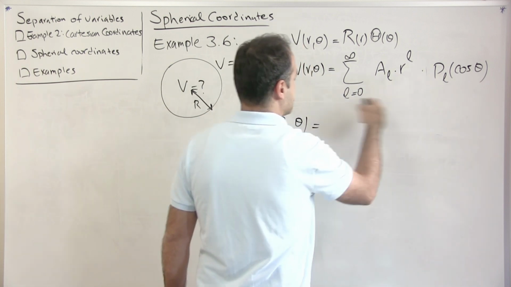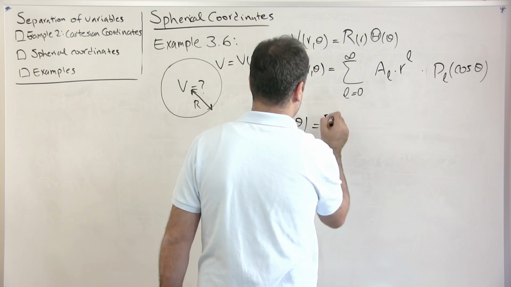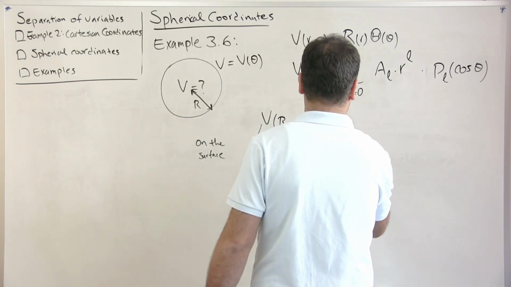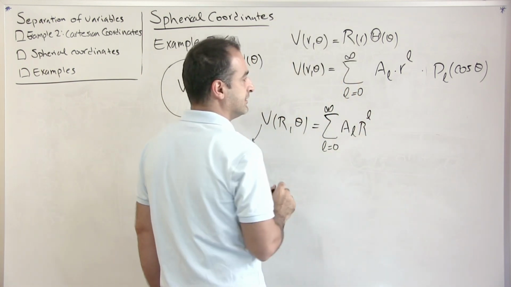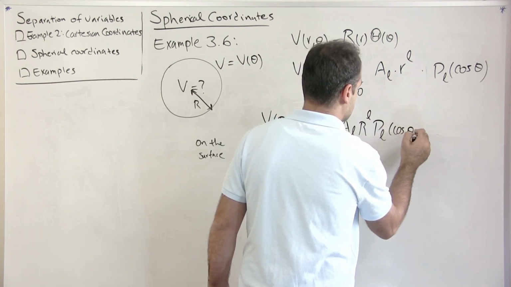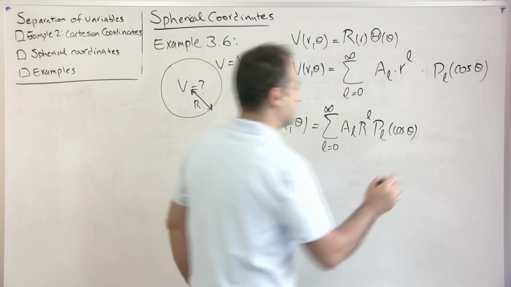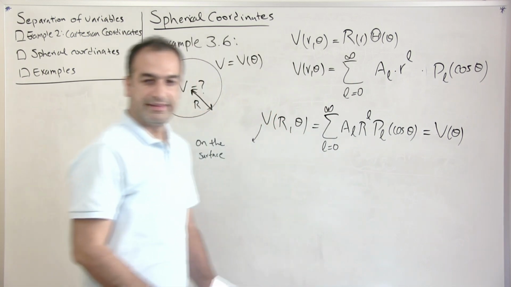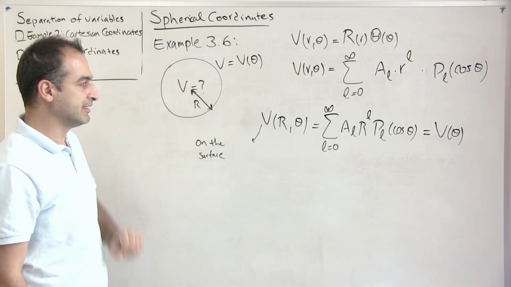Based on the solution we have, this is sigma L from 0 to infinity AL R to the power of L, where R is the radius of the sphere, times PL of cos theta. Okay, so this should be equal to V of theta, the potential that is specified on the boundary.